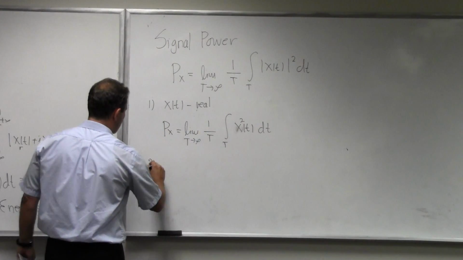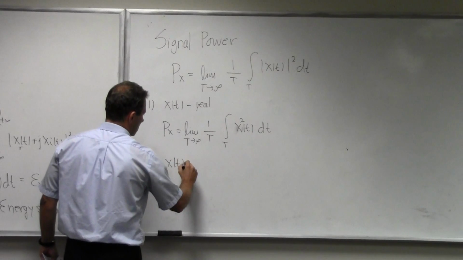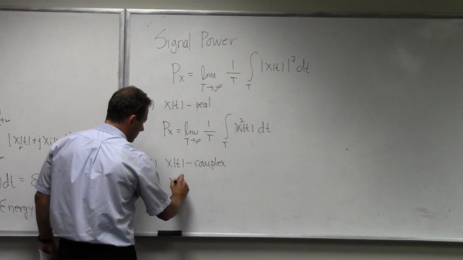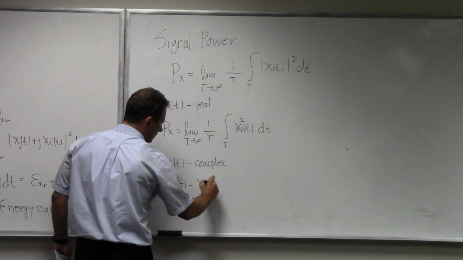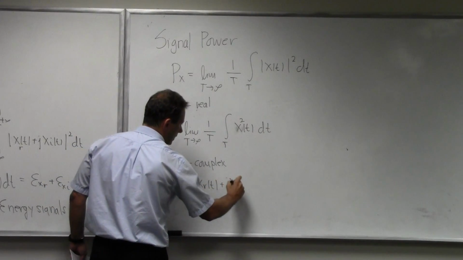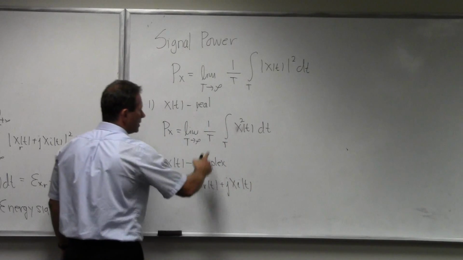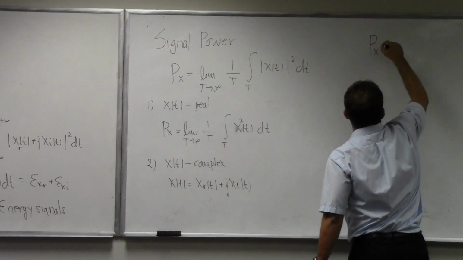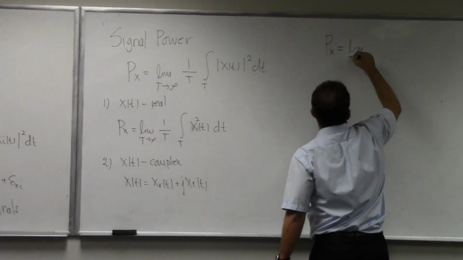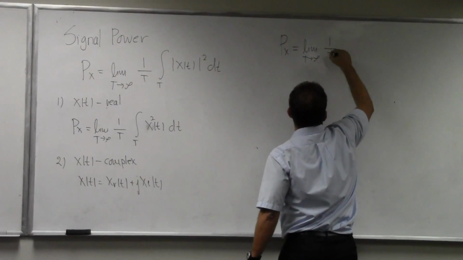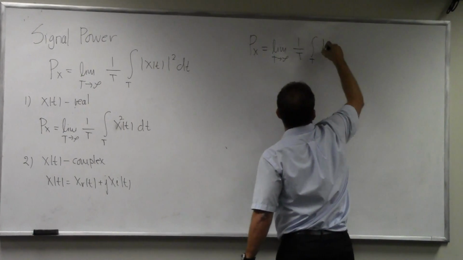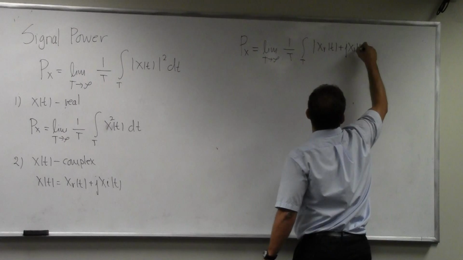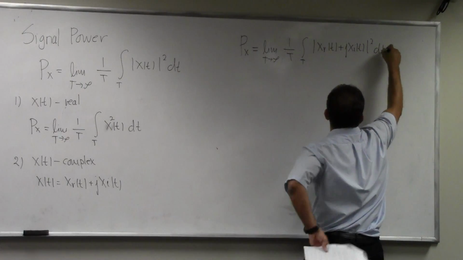And for complex signals, x of t is complex, i.e. x of t is equal to x real of t plus j x imaginary of t. When I substitute that into this expression, I get that the power of the signal is the limit as T goes to infinity of 1 over T, integral over T, of the magnitude of x real of t plus j x imaginary of t, squared, dt.